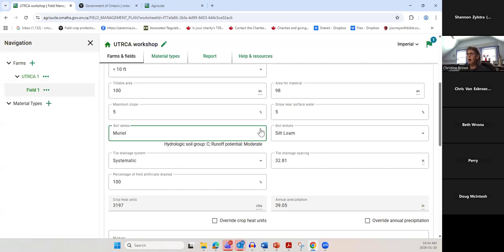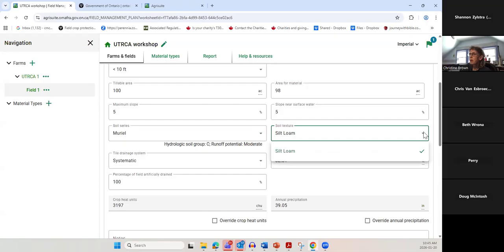Where if I've got a hydrologic group C, generally it's more of a clay soil, it's going to have a lot slower time moving to that layer, that potentially the water table. Silt loam, I think I have the option, no, just silt loam.